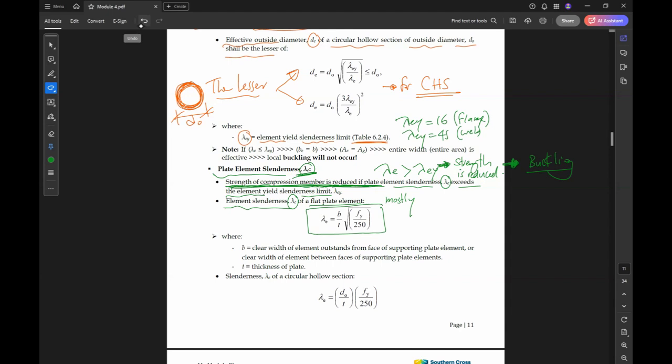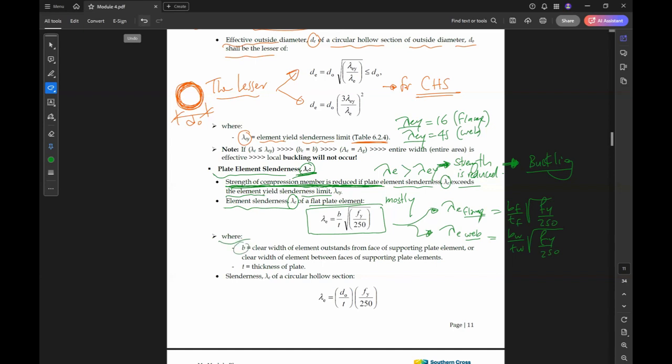Because we have two values of lambda E for flange and for web, we will need to find lambda E flange and lambda E web. So B flange over T flange times root F yield over 250, and here also B web over T web root F yield over 250. So this is how to use these values.